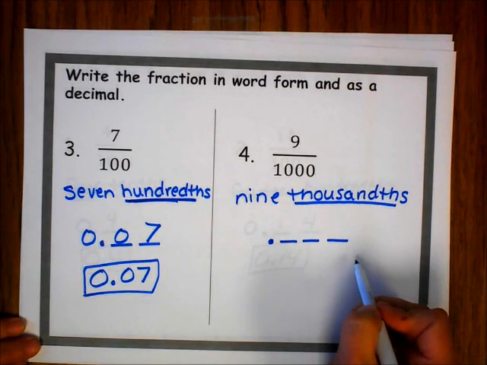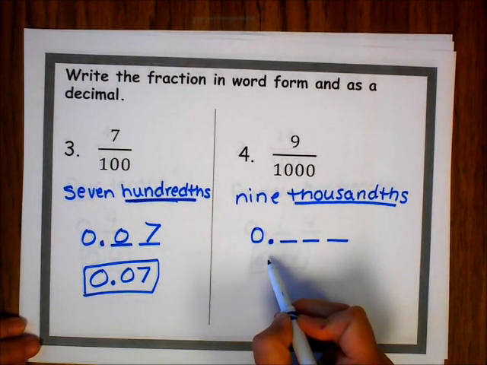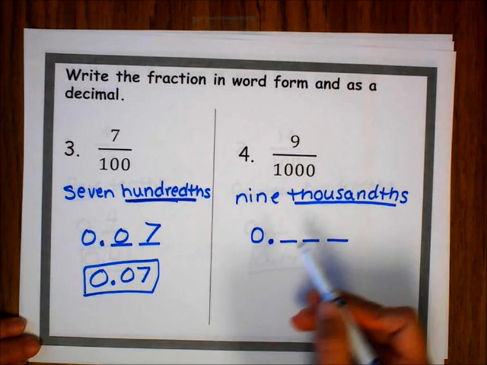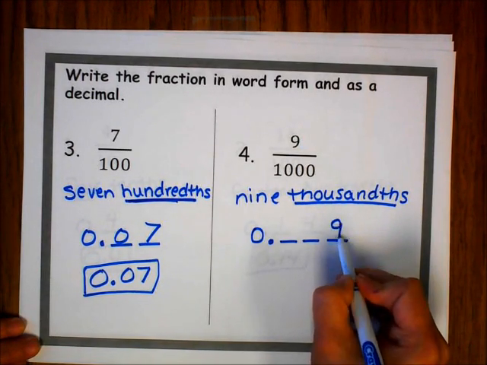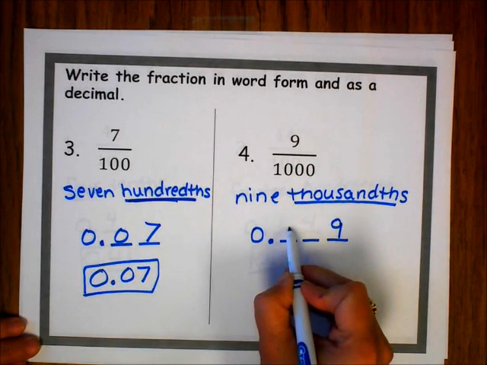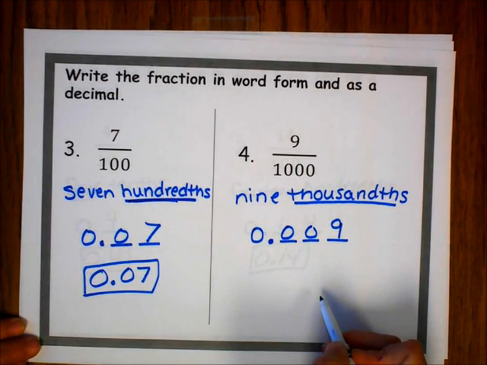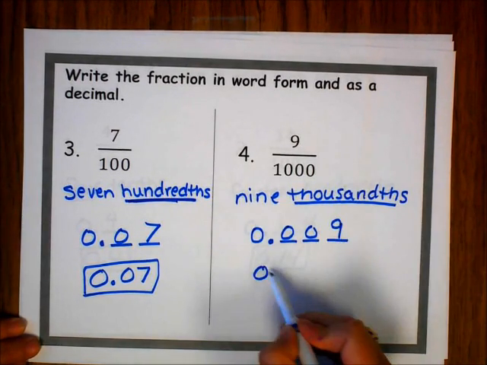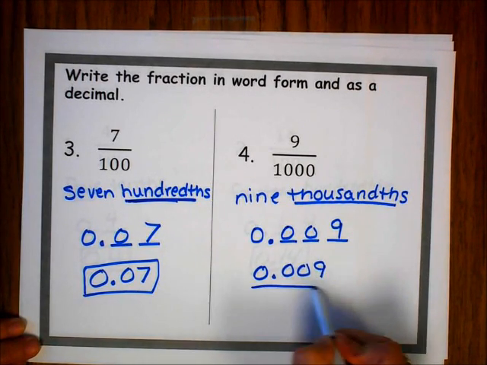So I must fill in all 3 places. There is no whole number, so I'm going to put a 0 in the ones place. And since I have 9 thousandths, then 9 must go in the thousandths place. There are no tenths, there's no hundredths, so I put 0s for placeholders. So the correct way to write 9 thousandths as a decimal is 0.009.